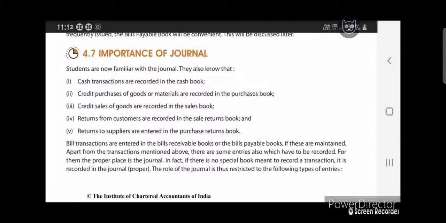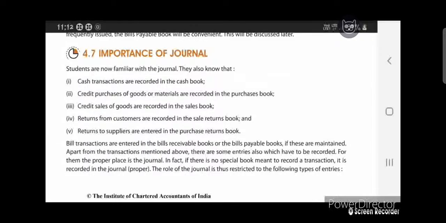If these books are maintained apart from the transactions mentioned above, there are some entries which also have to be recorded.